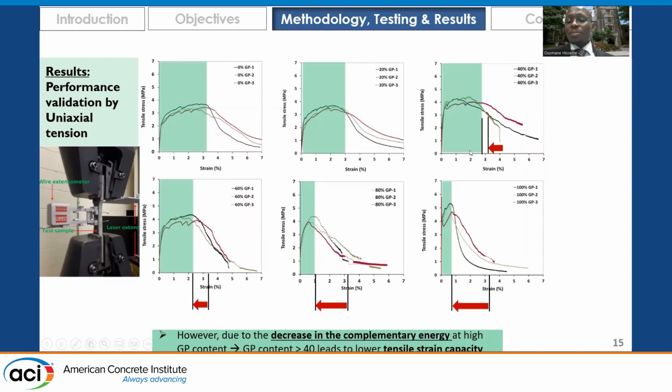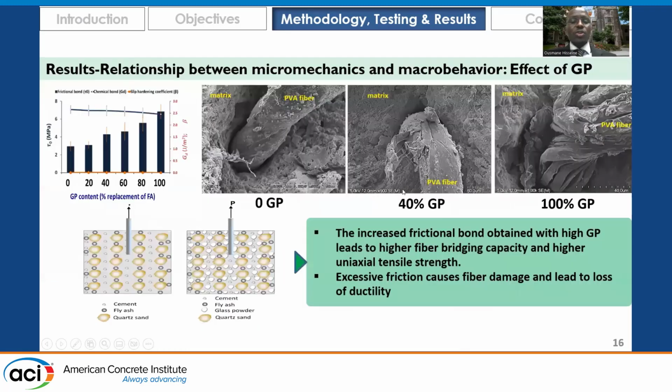Up to 40% glass powder replacement of fly ash, we are still okay in terms of ductility. The strength has increased significantly, but the ductility has dropped. The drop in ductility is even worse when we go to higher ground glass content, even though the tensile strengths are significantly high.